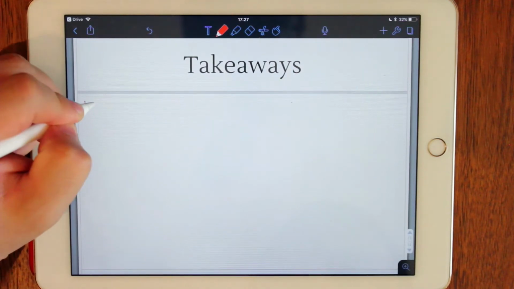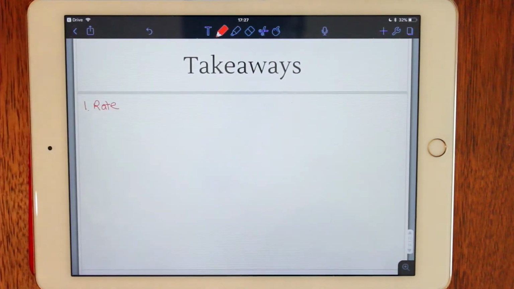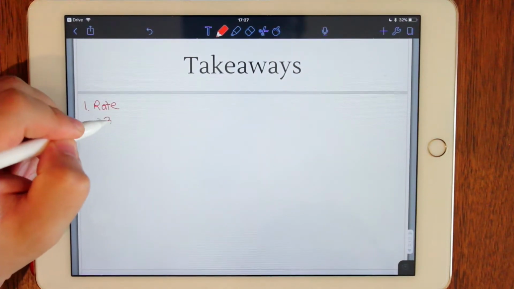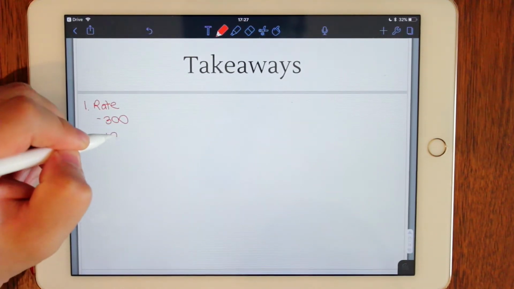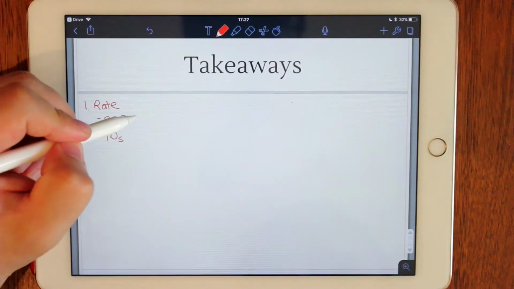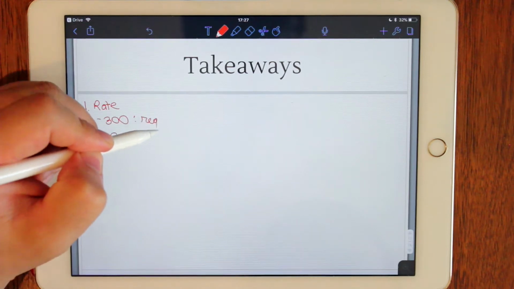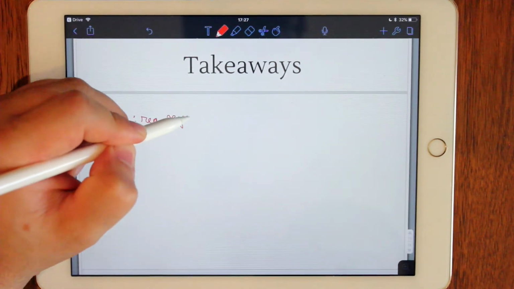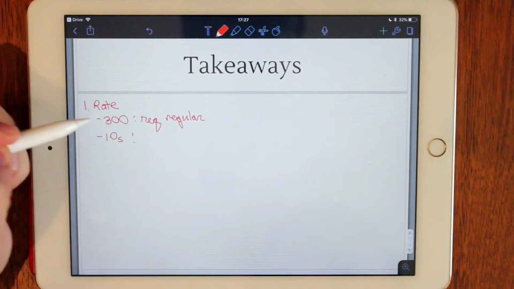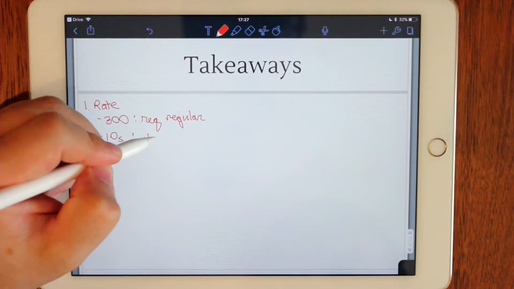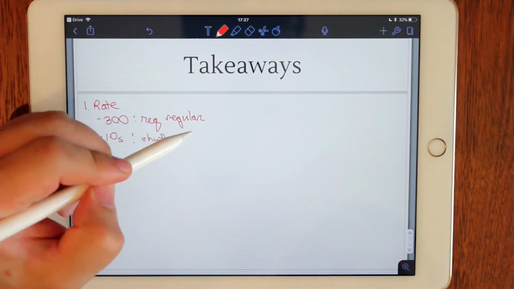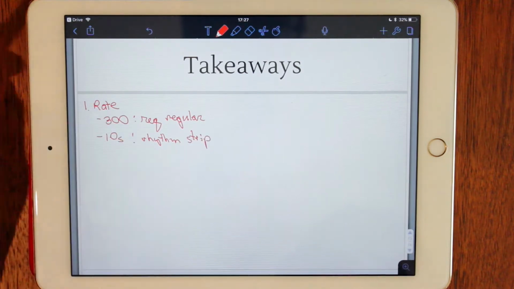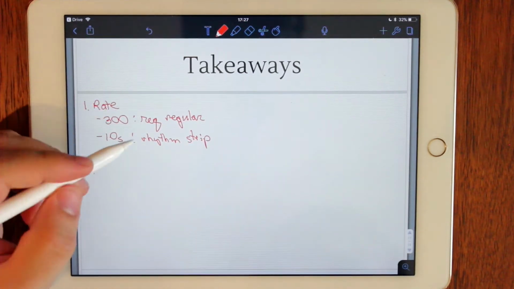Always, always, always start with rate. You can do the 300 method, or you can do the 10-second method. The 300 method requires a regular rhythm. The 10-second method requires a rhythm strip. Next, look at your rhythm.